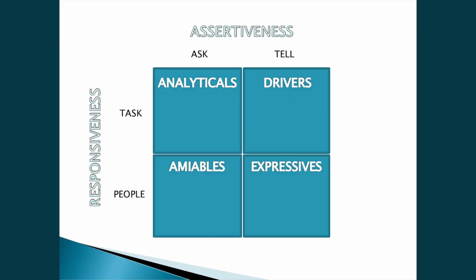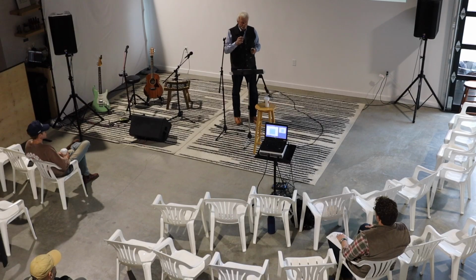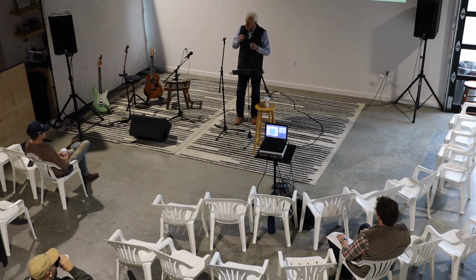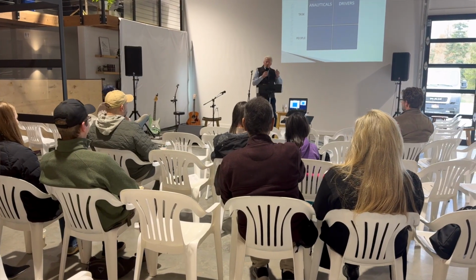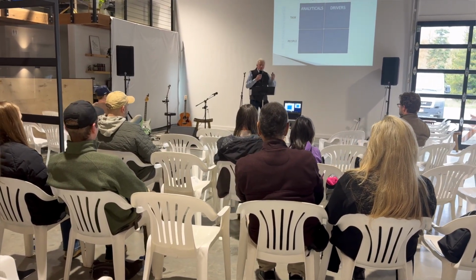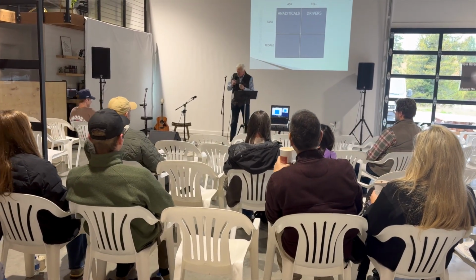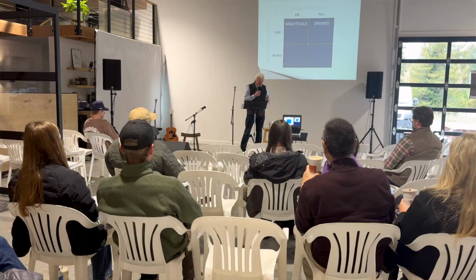Next, the drivers. Okay, these are the tell task people. These are high risk takers. They're comfortable in taking charge. They just want you to know who's in charge. Me. But they're not doing it for fame and glory. They're doing it to win, but they like to be denoted as the boss.